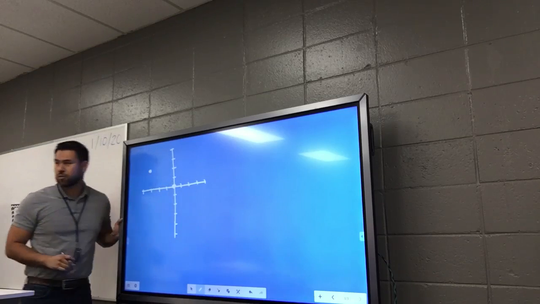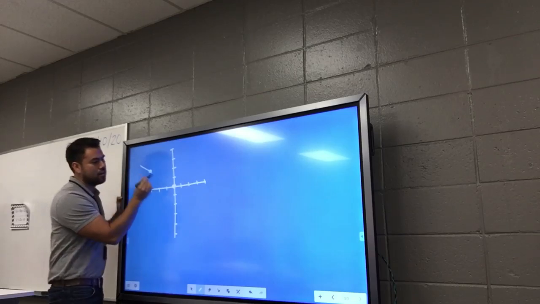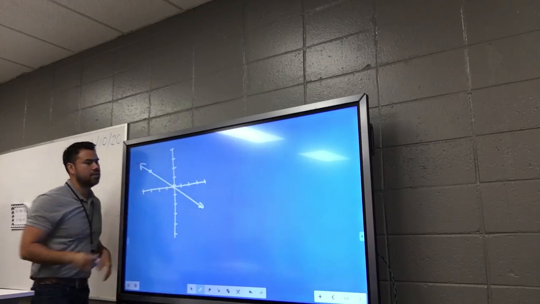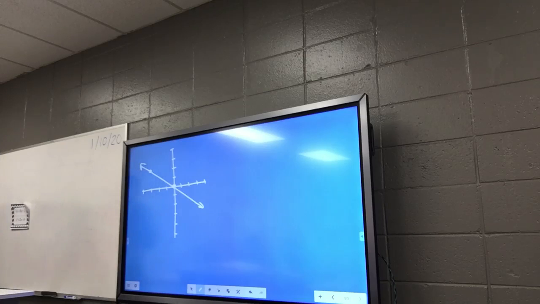How many of you solved those points? How many of you are like, I saw the points, I can get the slope? Good, great. This is fun. I like this problem. Don't do D yet.